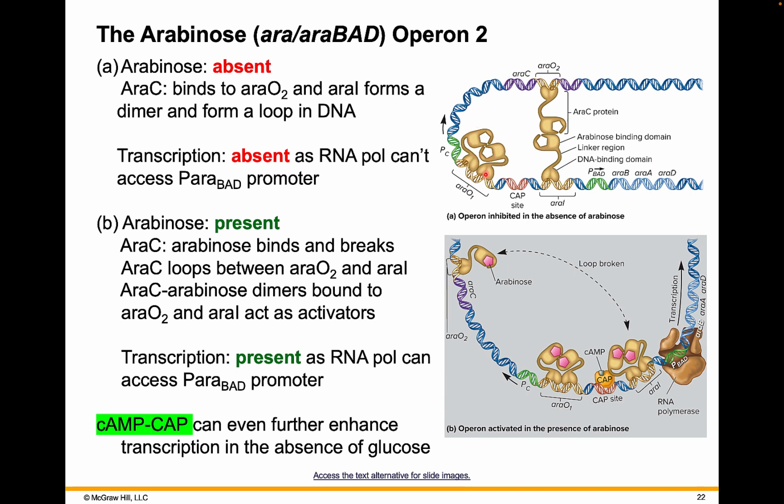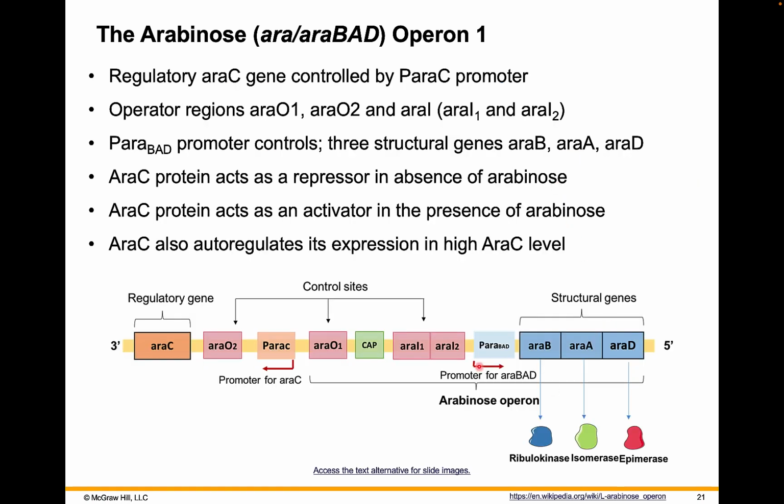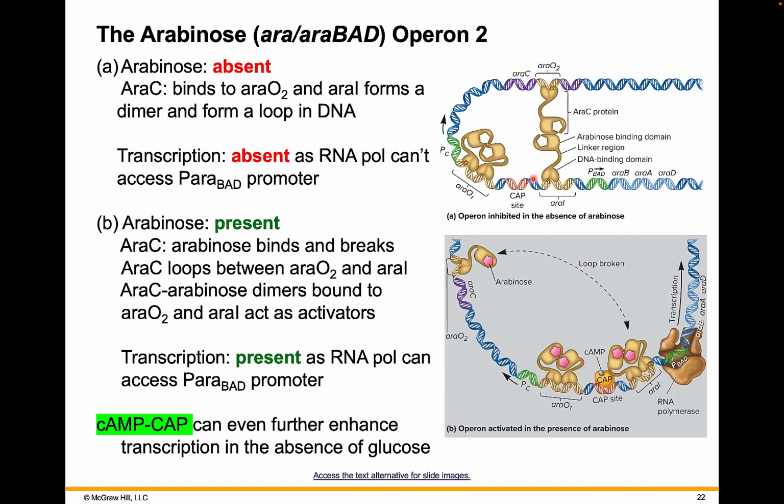This large molecule that you are seeing is basically the araC protein, which is produced from the araC gene under the control of the P-araC promoter. This is your araO1 site, this is your araO2 site, this is your araI site, which is divided into araI1 and I2.